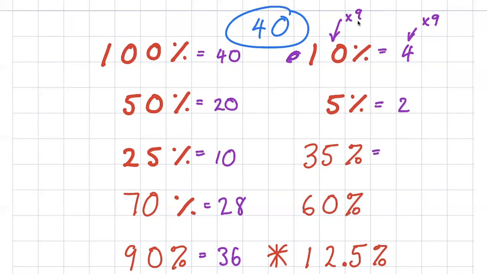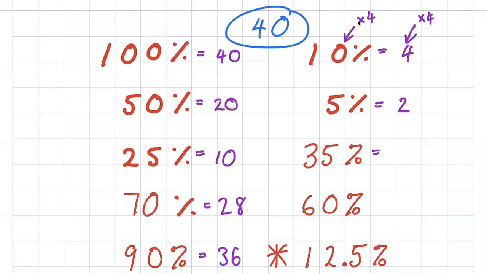Over here, we have 35%. Now, this one's a little bit harder. It's going to take a few steps. I think what I would do is go back up to our 10%, because this is our key, like I said earlier. This is the most important one. I would times this by 4 to get 40%. I'd also have to times this by 4. And this would give me what 40% actually is.